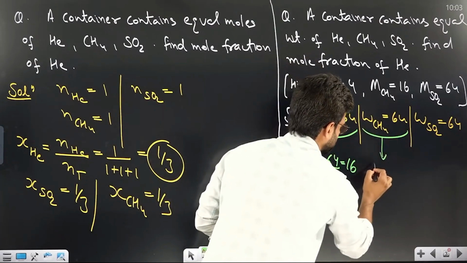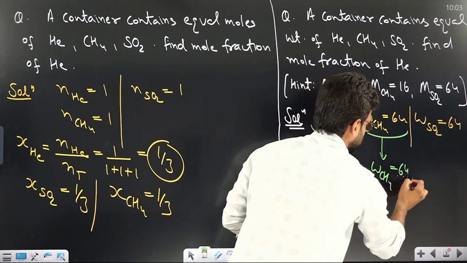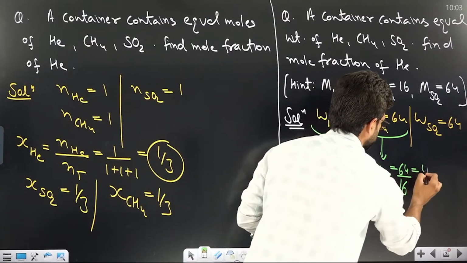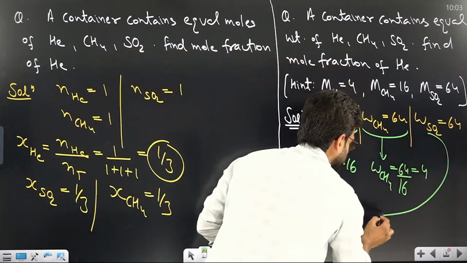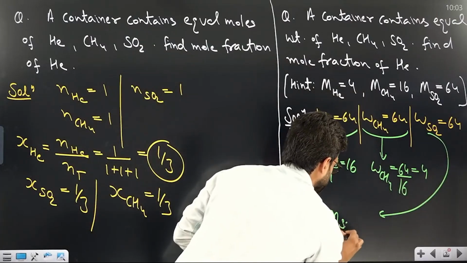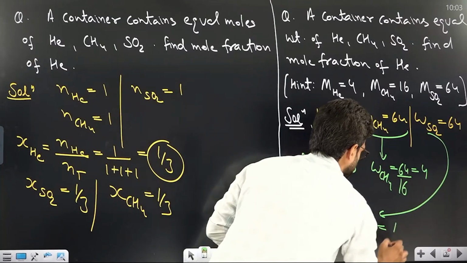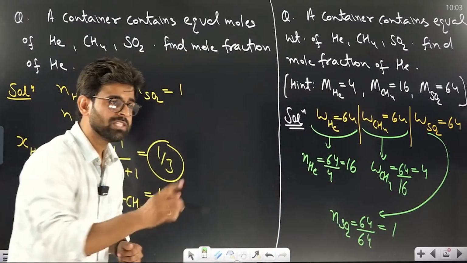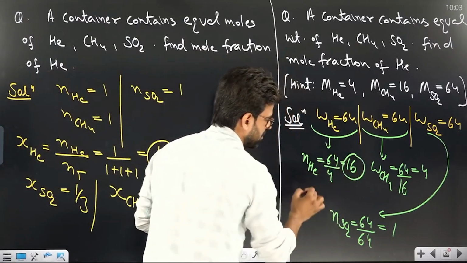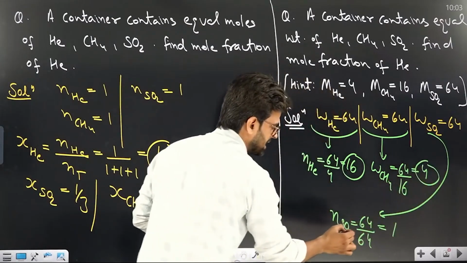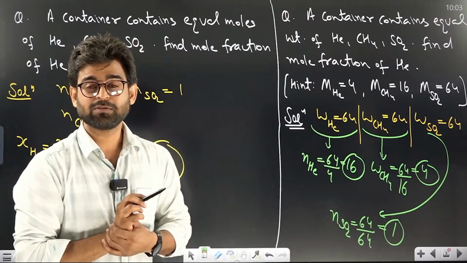Moles of CH4 are 64 by 16, that is 4. And the moles of SO2 are 64 by 64, that is 1. So 16 of helium, 4 of CH4 and 1 for SO2.